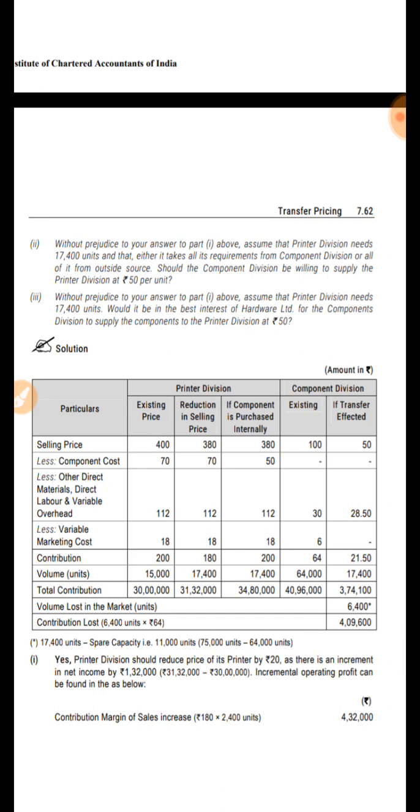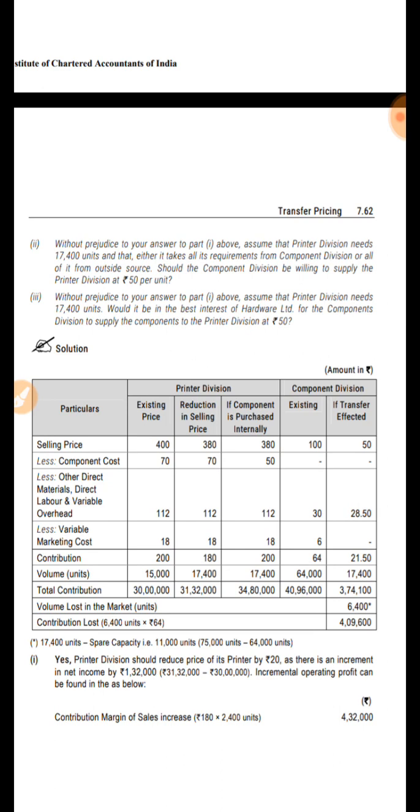Without prejudice to your answer in part 1, without affecting the part 1 answer, assume that the printer division needs 17,400 units. Would it be in the best interest of Hardware Limited for the component division to supply the components to the printer division at rupees 50?